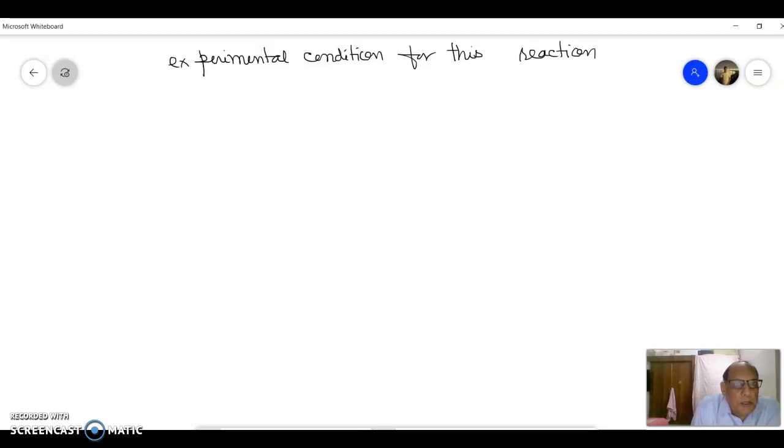That experimental condition is that this reaction can neither be carried out in highly acidic medium nor in highly basic medium. This reaction is carried out in a solution whose pH is 10 or nearly 10. And for that purpose, we treat the carbonyl compound with an aqueous solution of sodium cyanide and hydrochloric acid taken in 2:1 molar ratio.